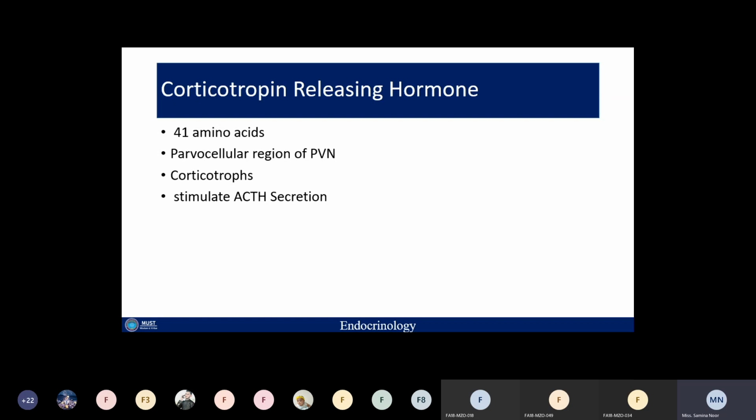The magnocellular region of the paraventricular nuclei is responsible for the production of vasopressin, and its parvocellular region is responsible for the production of corticotropin releasing hormone.